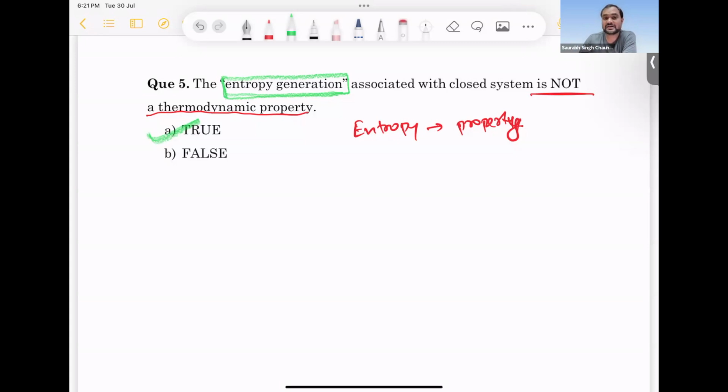When the entropy generation is positive, it is for irreversible processes. For reversible processes, it is zero. The process will be either reversible or irreversible, so the entropy generation will be either zero or positive. It cannot be negative.